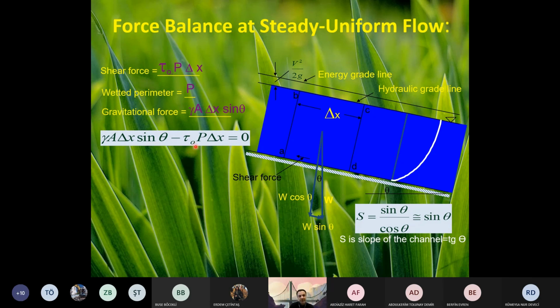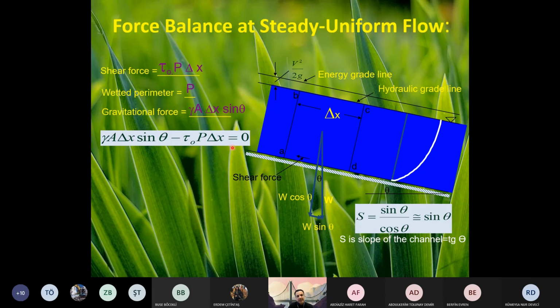This is our shear stress. P is weighted perimeter. We know how to calculate it based on those formulas given in chapter 7, or based on the formula that we last session studied in order to calculate weighted perimeter in any kind of irregular cross sections.